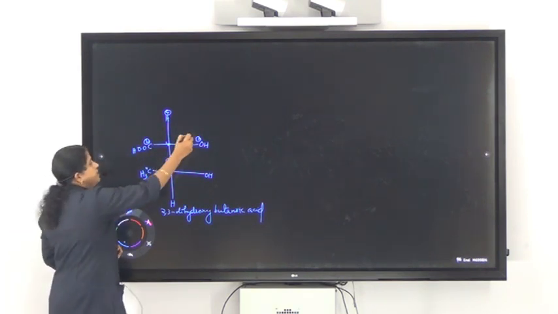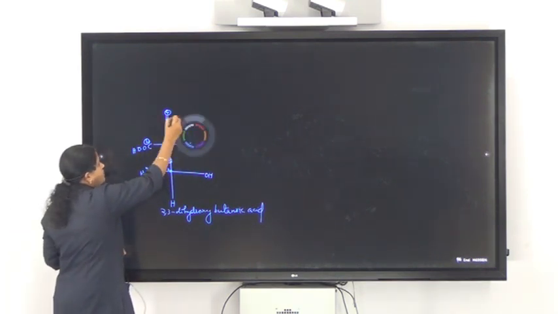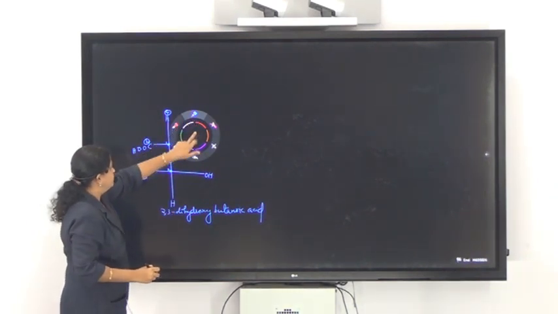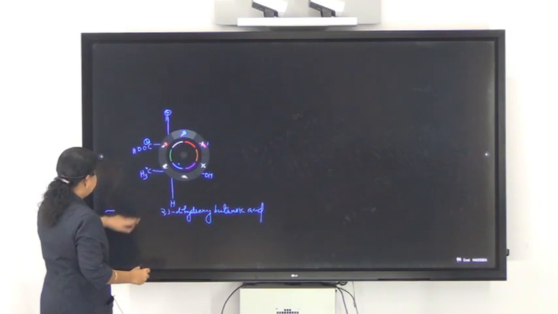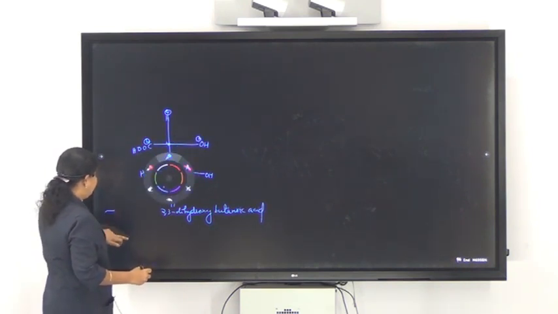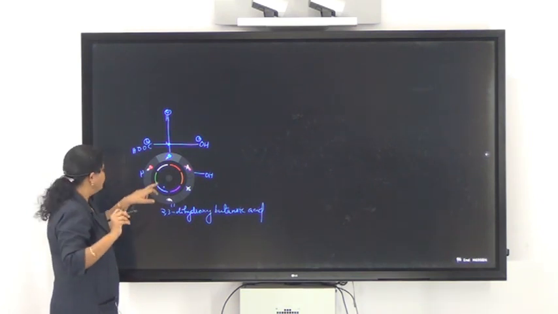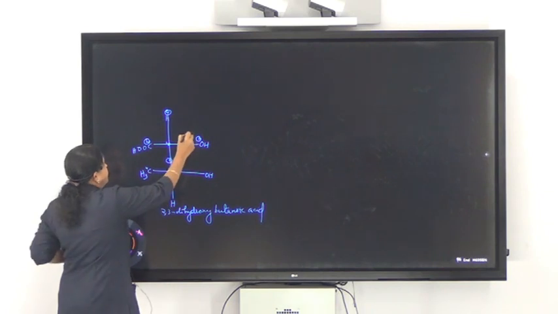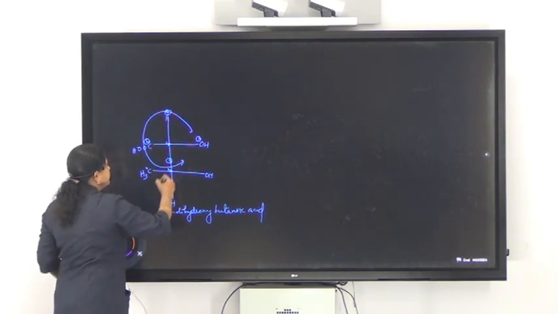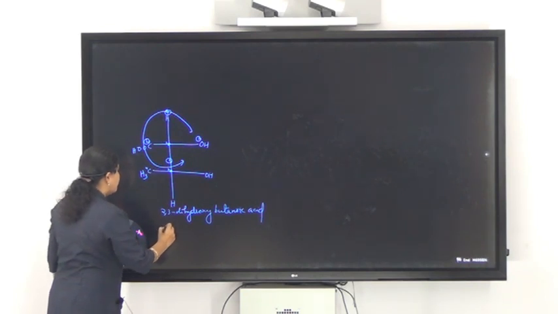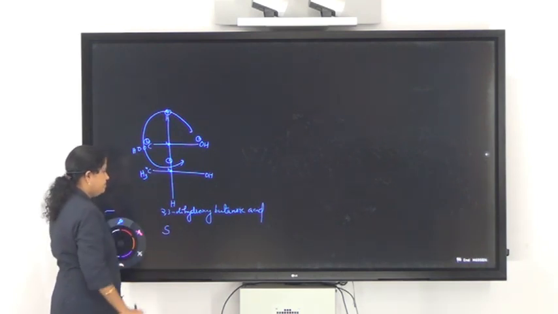Therefore take the sequence 1, 2, 3. This sequence is in the anti-clockwise direction, therefore S configuration.